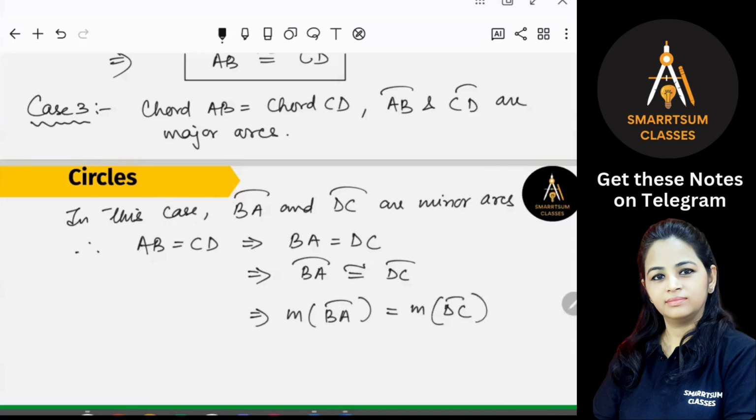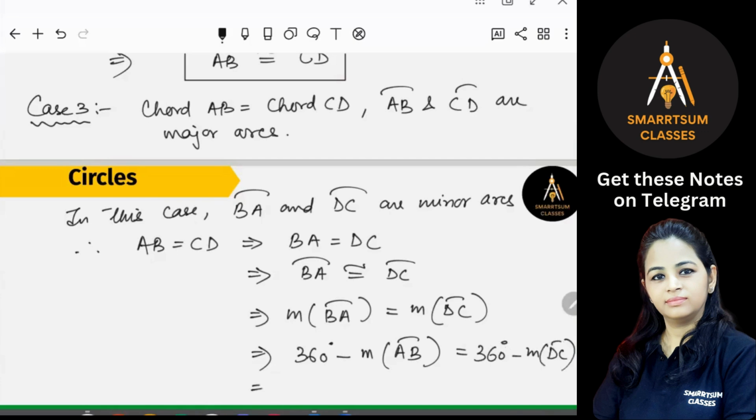When we are saying congruence, we are talking about the measurement. That means if we subtract both of them from 360 degrees, 360 minus the measurement of arc AB, that will be your BA. So can we write it like this? 360 minus the measurement of arc AB, meaning the angle which this arc is subtending, equals 360 minus the measurement of arc DC.